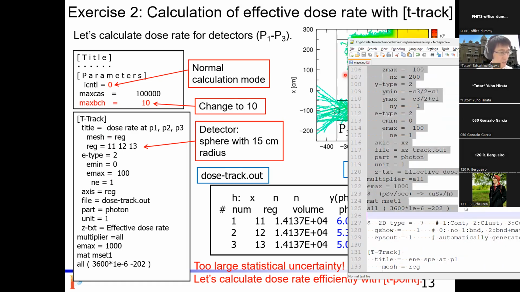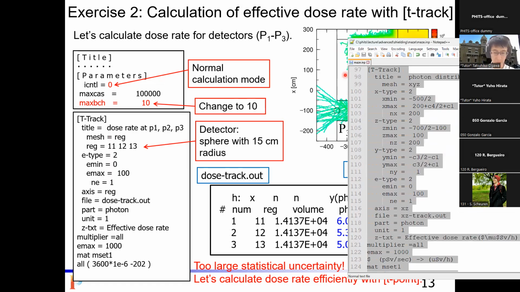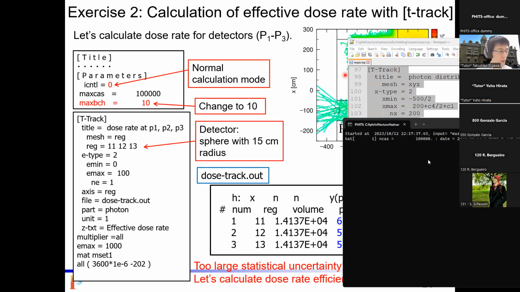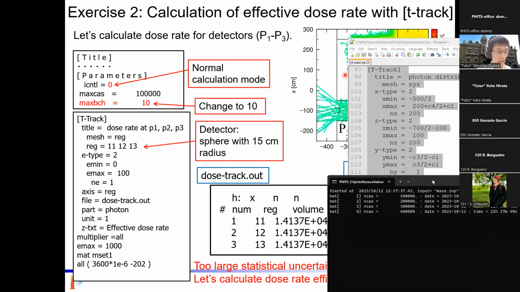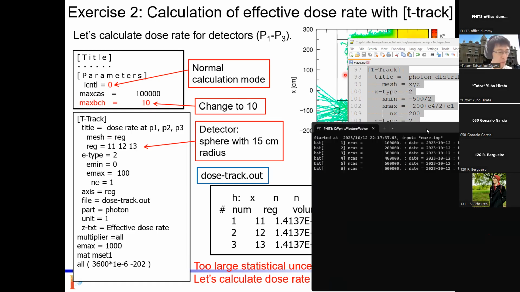Everything is set already. So let's run. This actually takes a bit long time because particles are actually transported. On my computer, it takes about 20 seconds.